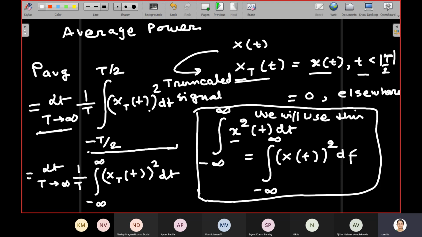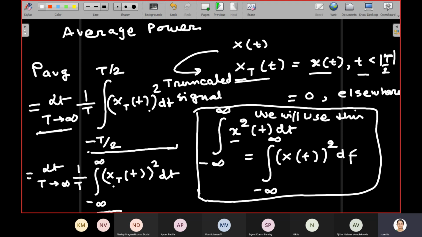Now we can change the lower and upper limits because this truncated signal is 0 outside the interval. So whether you put minus infinity to plus infinity or minus T by 2 to plus T by 2, you actually get the same result.